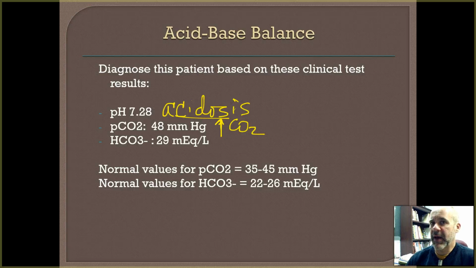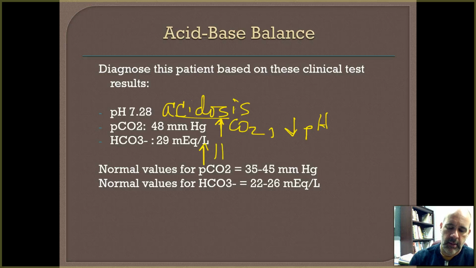Go ahead and think about what that would do to the pH of your body fluids. High CO2 is going to raise your pH or lower it? It's going to lower your pH. CO2 functions as an acid in your body fluids. How about the bicarb? Too low or too high? It's high.